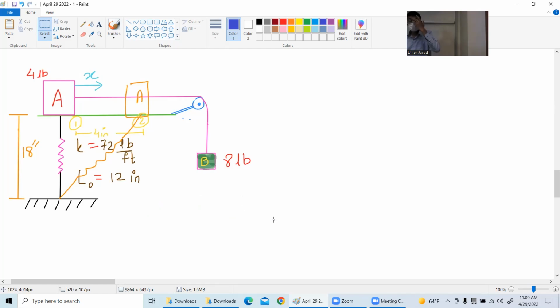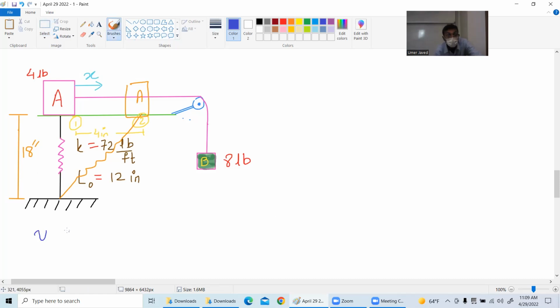I am telling you all of this because if I had told you that somebody gives a push to the A, then that would have meant that there is an initial velocity. What I'm saying is somebody just dropped their hands from the 8-pound force, so the mass A casually goes towards right.